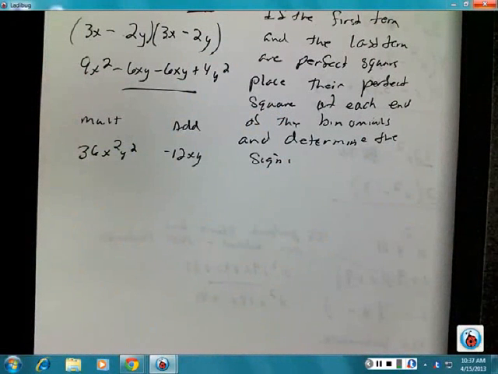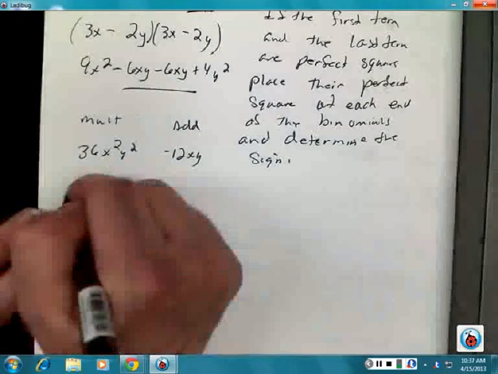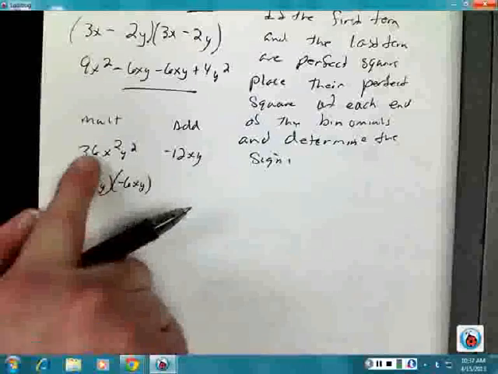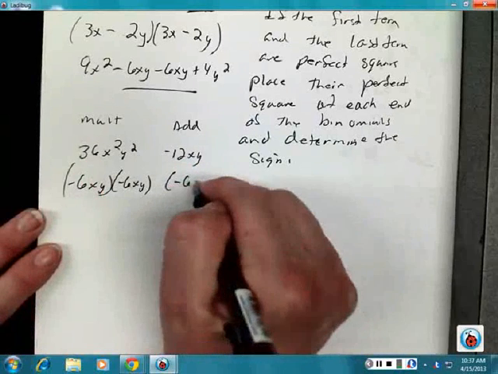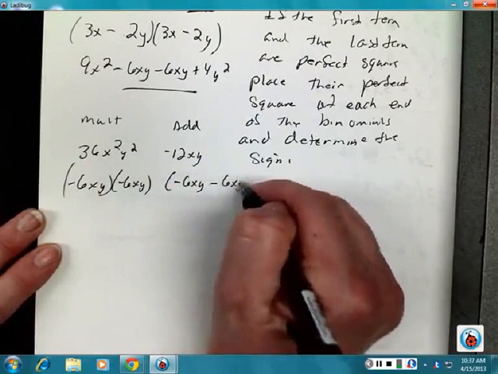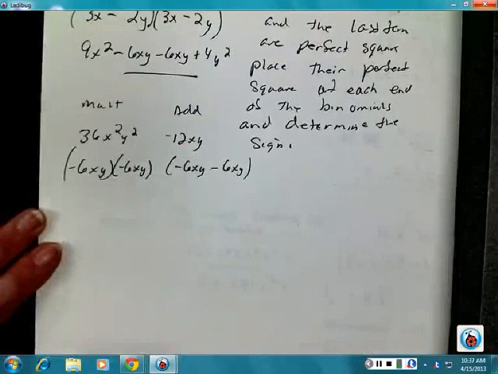So what would my two factors be? Negative 6 and negative 6. So a negative 6xy times a negative 6xy gives me my positive 36, and a negative 6xy and another negative 6xy gives me my negative 12. Replace my middle.